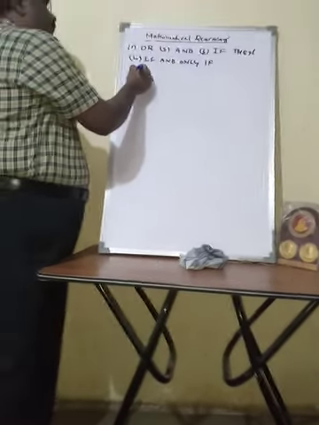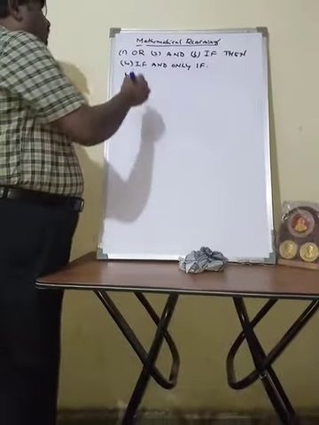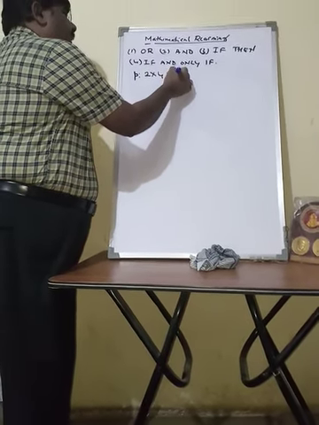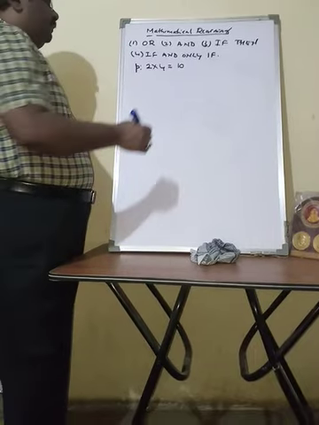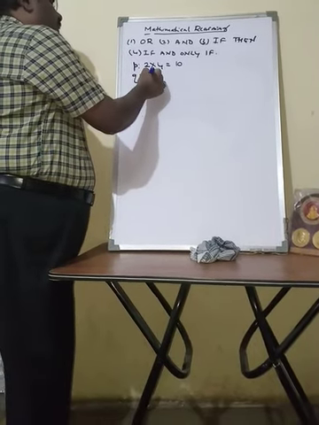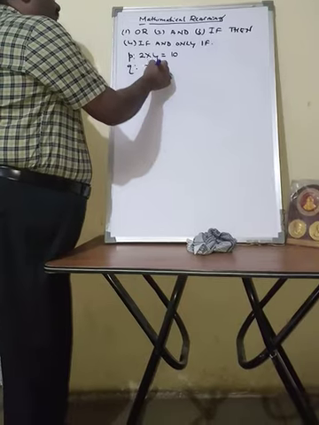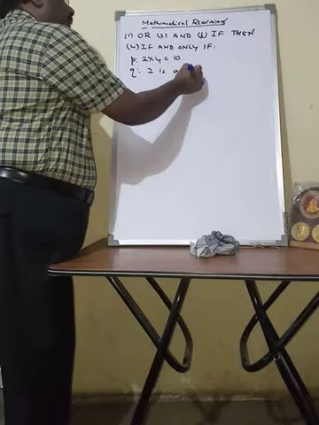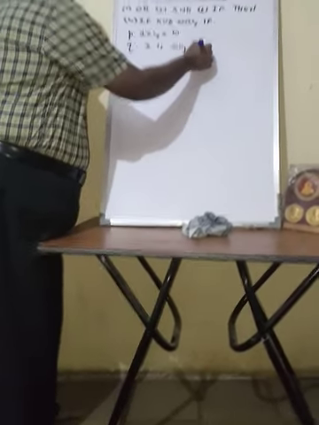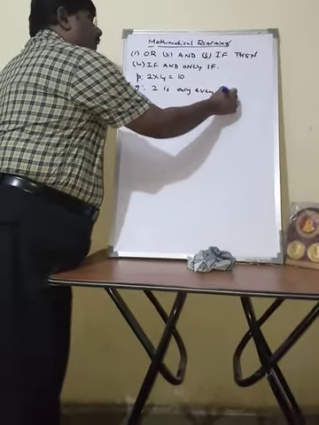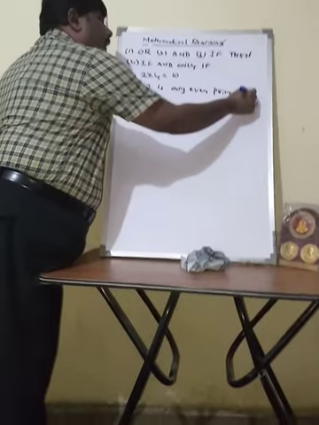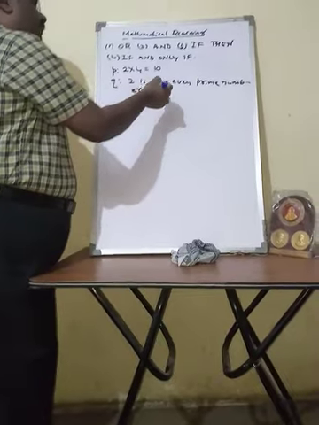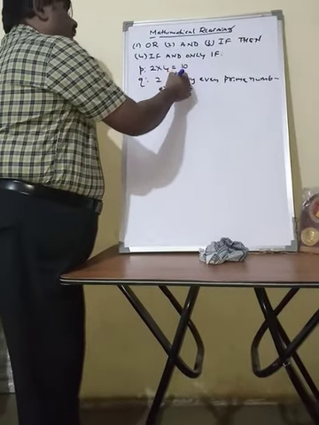Suppose a proposition P: 2 into 4 equal to 10. Proposition Q: 2 is the only even prime number.